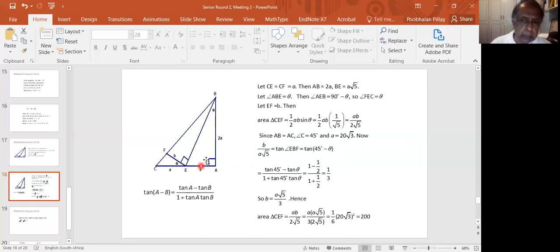So by Pythagoras, this will be A squared plus 4A squared is 5A squared, so you can calculate this. The square root of 5A squared can be written as A times square root of 5. So you got this as A times square root of 5. And you know that this angle here is 45 plus theta.